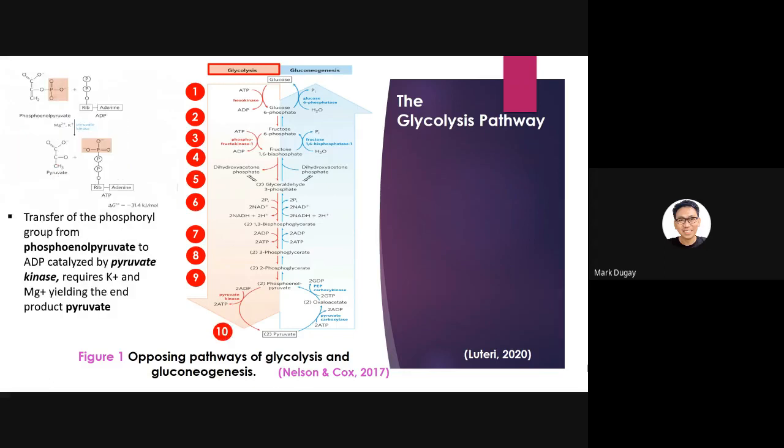This reaction is another substrate level phosphorylation in which a phosphoryl group is transferred from phosphoenolpyruvate, or PEP, to ADP, catalyzed by pyruvate kinase in the presence of potassium and magnesium ions, yielding ATP and the end product pyruvate. So this is the glycolysis pathway involving the 10 different steps.